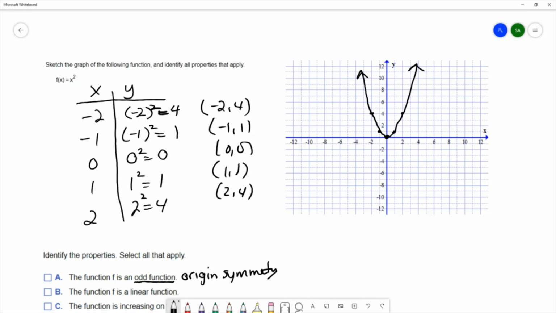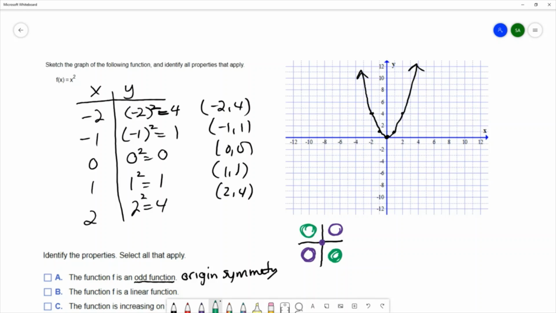So a graph or a function that has origin symmetry will have a mirror image going over the origin. That means your picture in the first quadrant would be a mirror image in the third quadrant.